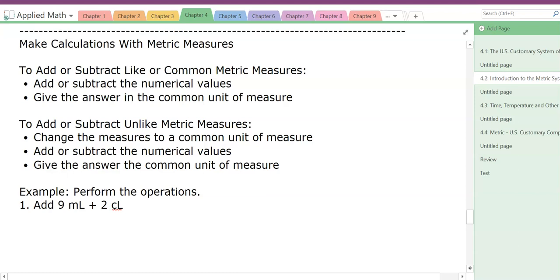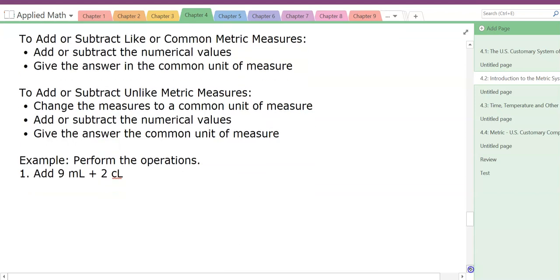So if I'm taking centimeters minus centimeters, I just subtract the numbers and leave it as centimeters. Now if they're different from each other, I have to change them like we did with the US customary. We have to change them so that they're in the same unit first. So if you've got liters and milliliters, you probably change liters to milliliters and then add or subtract them.